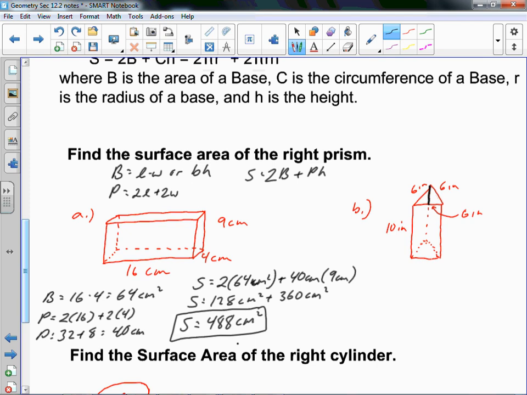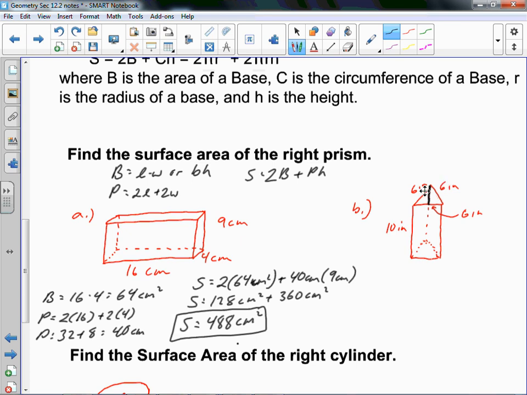All right. So the next one, this figure is a triangular prism. And if we look at the triangle, all 3 sides are 6 inches. So that makes it an equilateral, equiangular triangle.